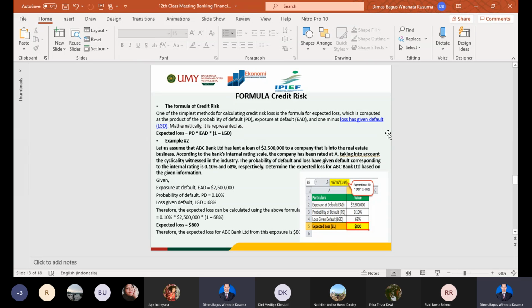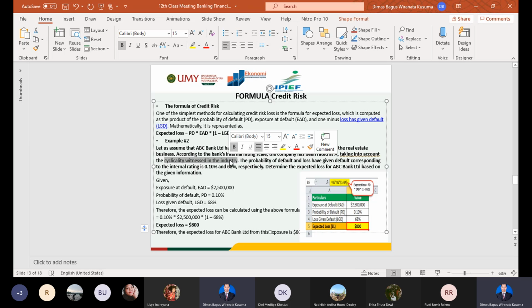Taking into account the cyclicality witnessed in the industry, the probability of default and loss given default corresponding to the internal rating is 0.1% and 68%. So probability of default 0.1 and loss given default is 68%.